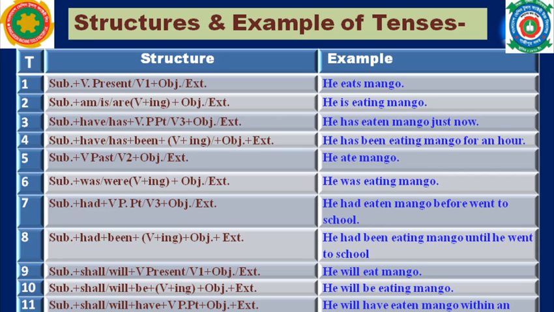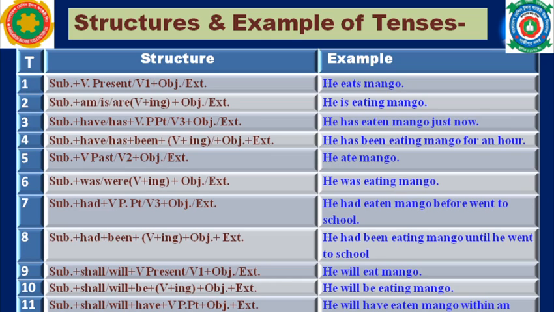If I say it in simple words, in the case of past perfect continuous, when any action was continuing, it started a long time ago in the past. There will be a time in the past when he had been eating mango.